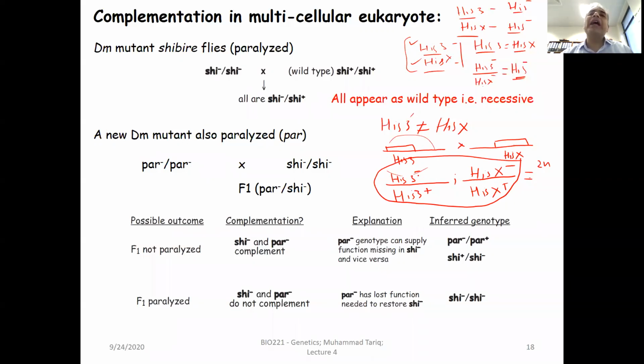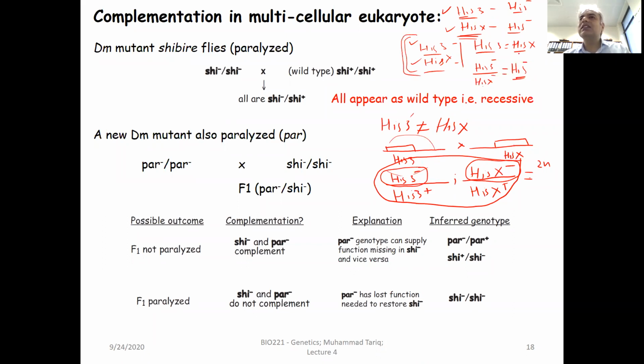Look, his minus can only be when this is homozygous recessive or this is homozygous recessive. This is what we saw here. Isn't it true? Yes, sir. But in this diploid, it is heterozygous because they are not mutations in the same gene.